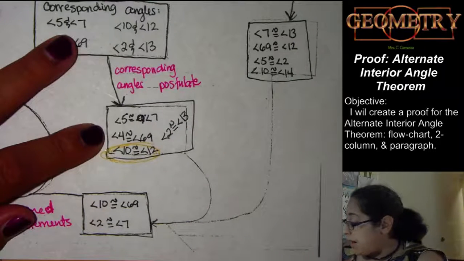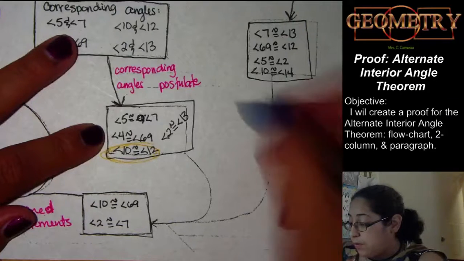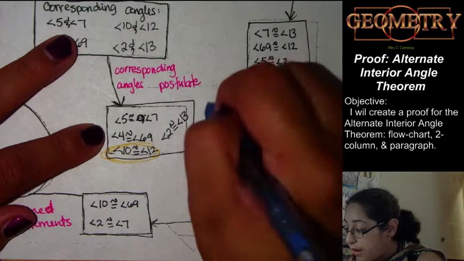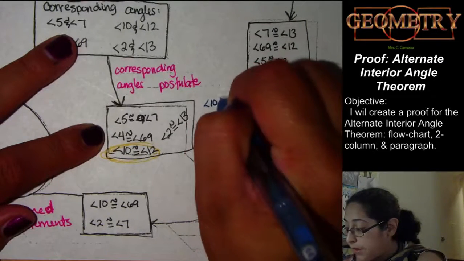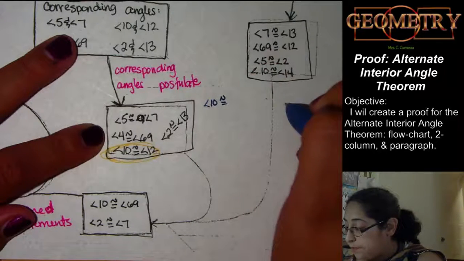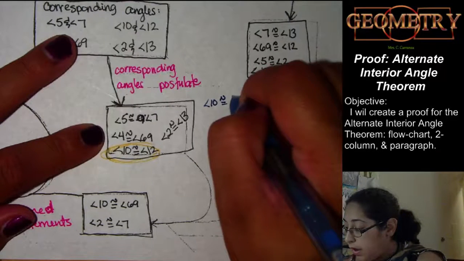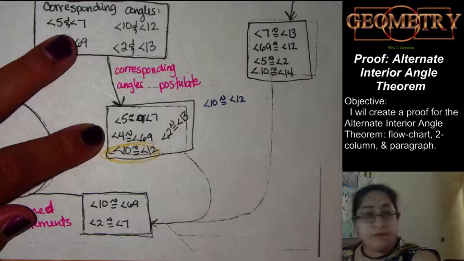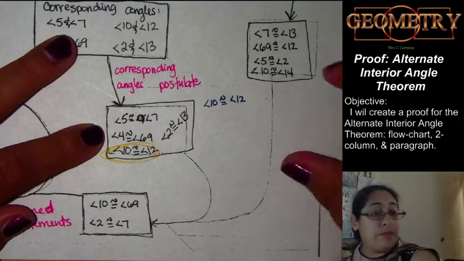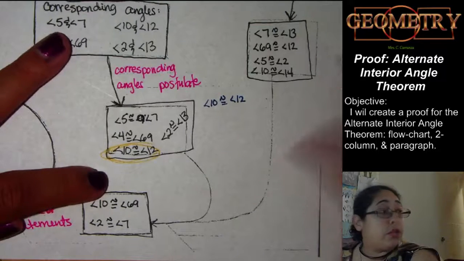I'm going to write a comment about that over here off to the side. I'd like you to write it with me. I have angle 10 is congruent to angle 12. With me so far? Now, looking back at this one, I'm looking at 10 and 69.